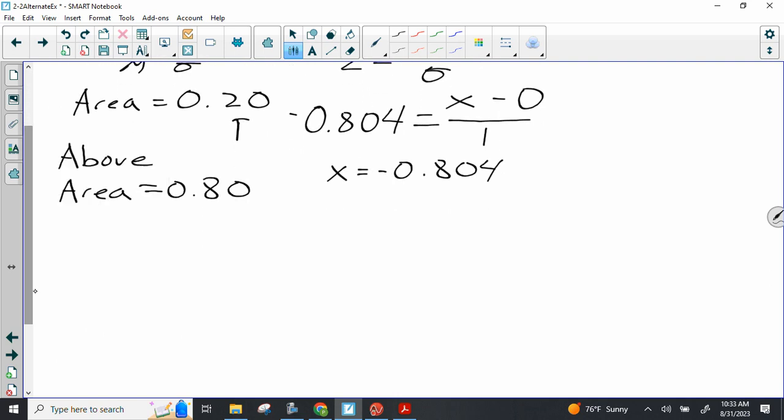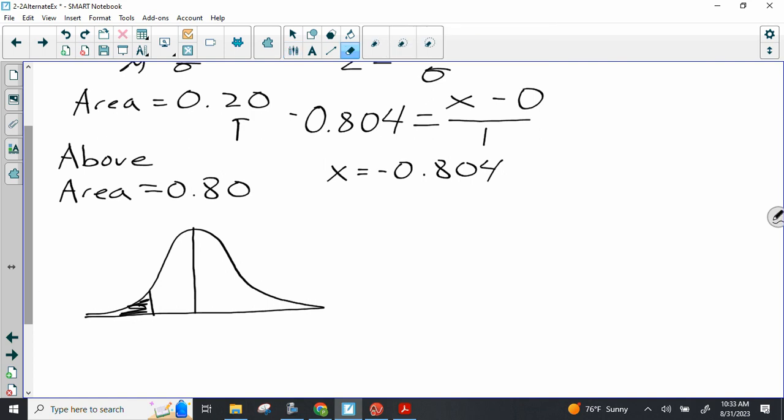We're talking about this point, negative 0.804.